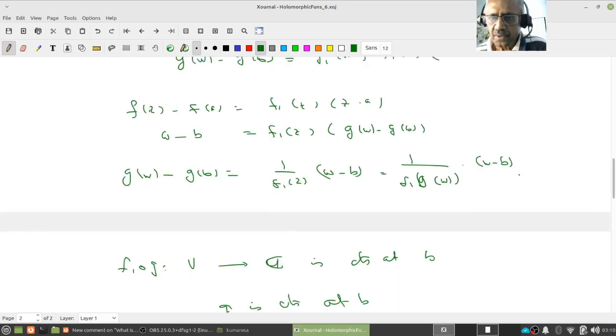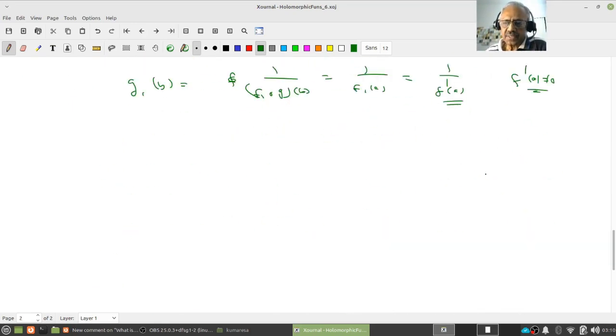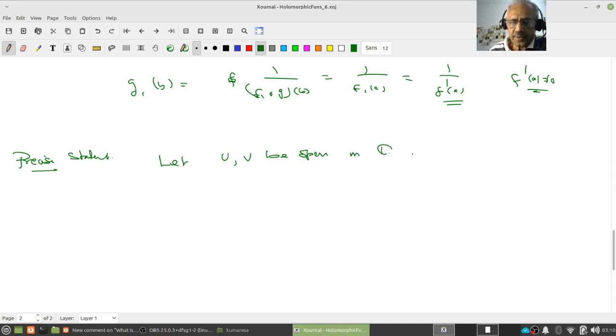Yeah. So now let us write down the theorem. Okay. This is a precise statement now. What is it? Let u, v be open in C. Let f from u to v be a bijection.